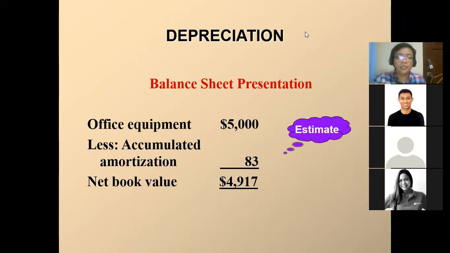My question: is salvage value the same? No, because salvage value is not the same as book value. The book value is office equipment less accumulated depreciation, which is the net book value. Salvage value is the scrap value or the estimated value at the end of the useful life.